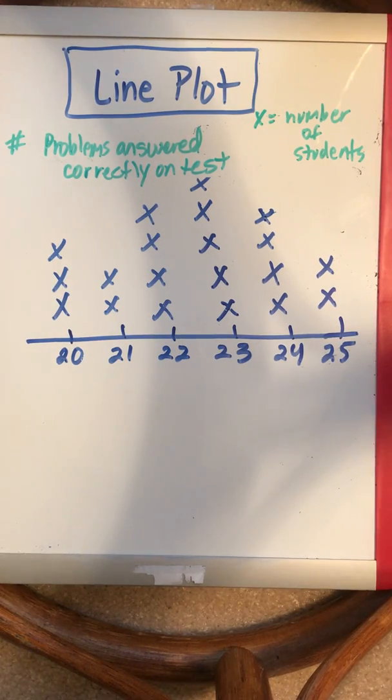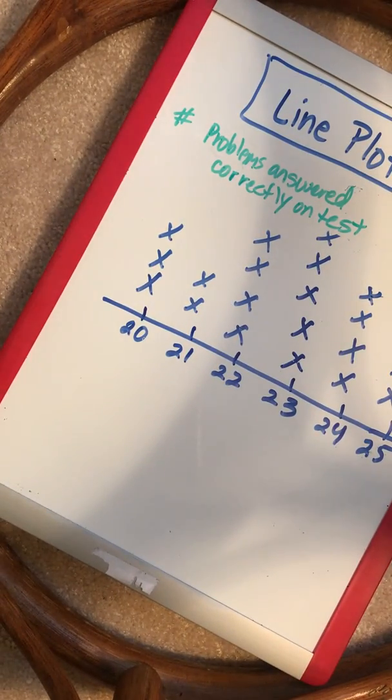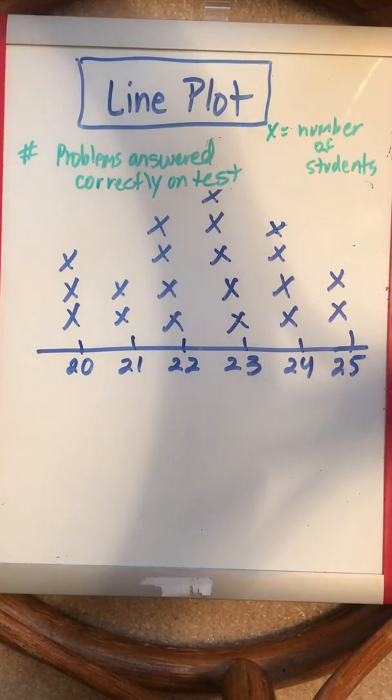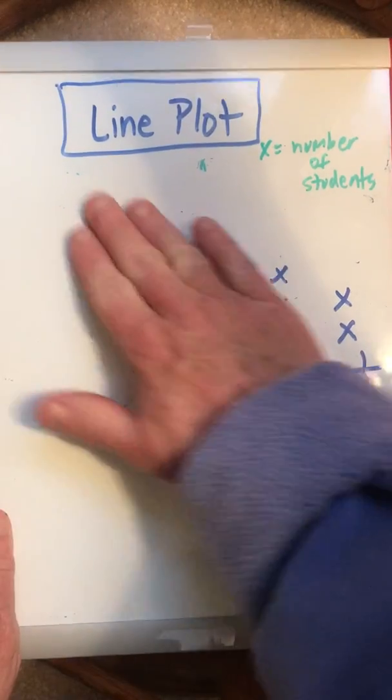on a test. So this is just a way to put our information together so that it is nice and organized. Okay, so we can create our own line plot.